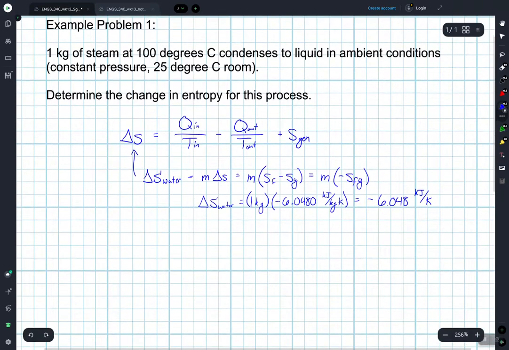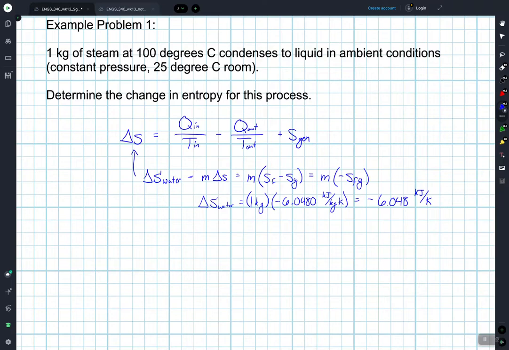And now we have to look at what's happening with heat. So that's where entropy changes. It changes when heat is moving from one place to another. So where is heat moving? Well, we have heat moving from the steam into the room. It's a constant pressure process.